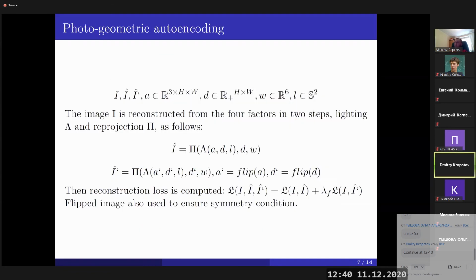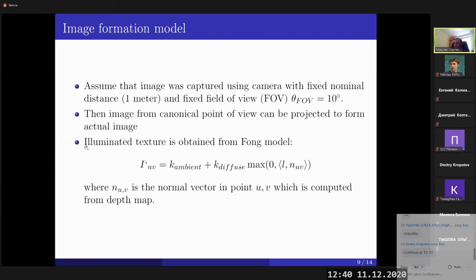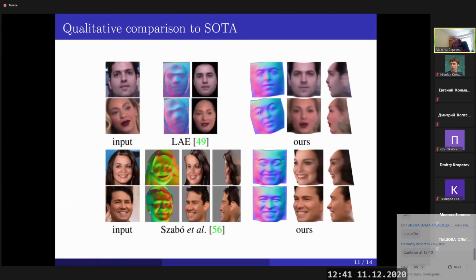This is due to the rendering properties. We give the Phong model to recover textural information, and some basic geometry facts about projecting 3D images onto a plane. And that's enough for the model to recover very good depth maps, textural information, and so on.